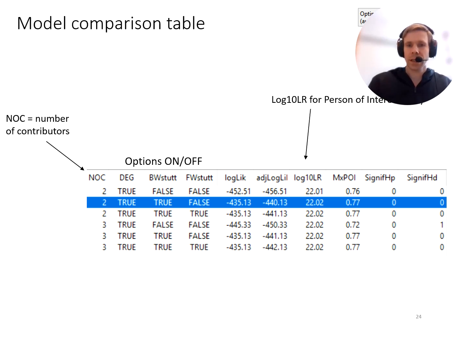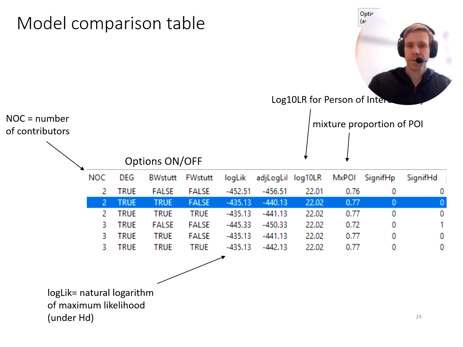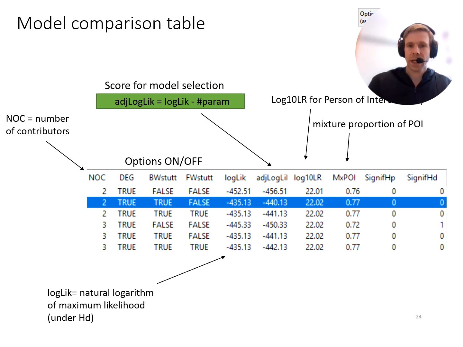Importantly, you can see the LR for the person of interest, the mixture proportion of the person of interest, the log likelihood values for each model, and also the adjusted log likelihood, which is used as a score for model selection. This is the log likelihood value minus the number of parameters in the model.